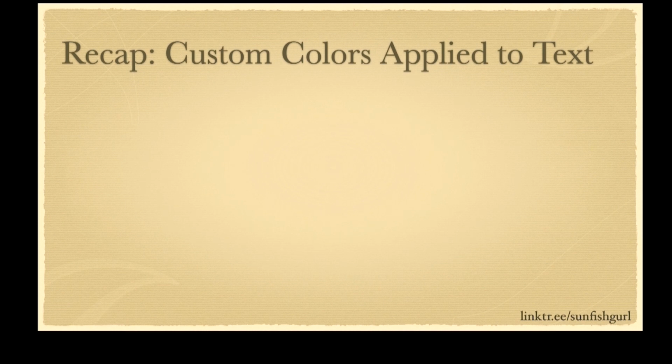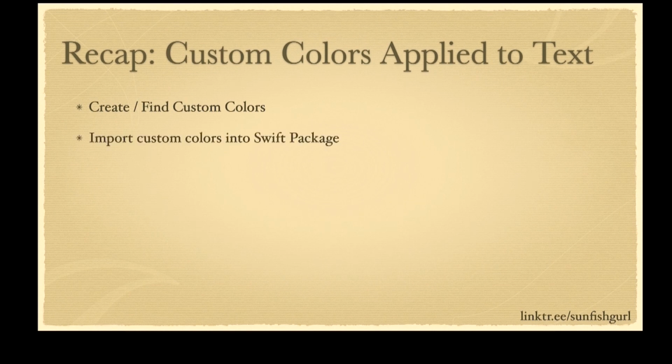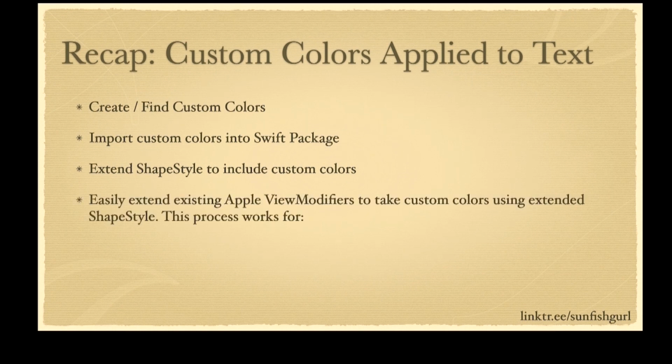So to recap, in order to create custom colors that we can apply to text, first we want to create or find our custom colors. We want to import our custom colors into our Swift package. Then we can extend shape style to include custom colors.